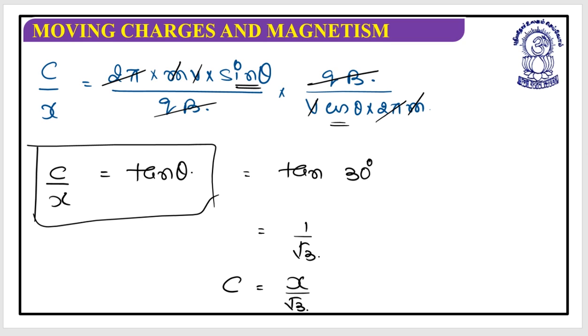This is equal to C equals x by root 3. I hope these things are clear. Is there any difficulty in this? Can you solve this kind of questions? Are you sure?